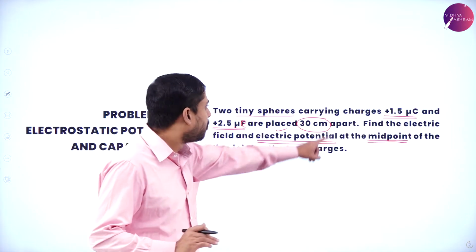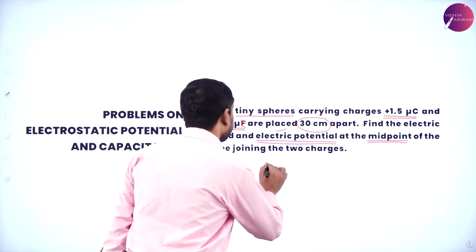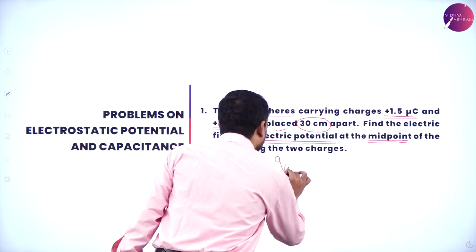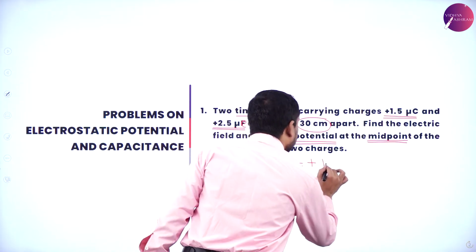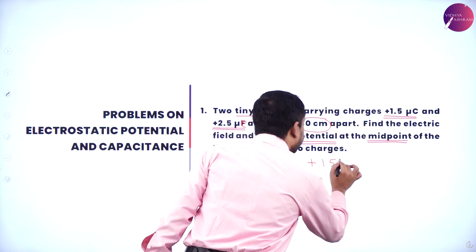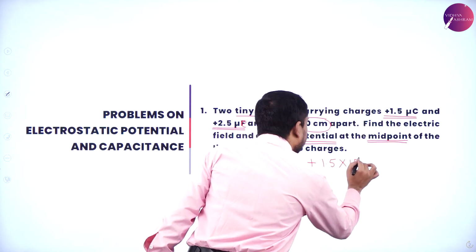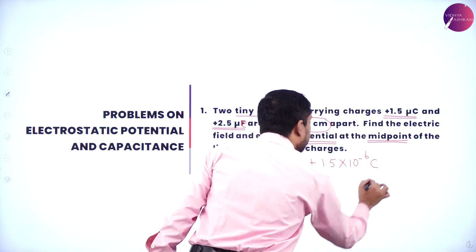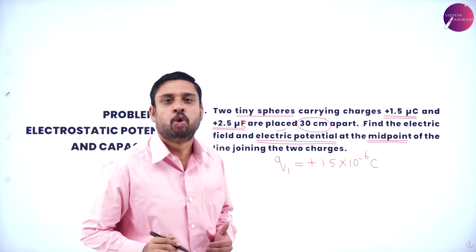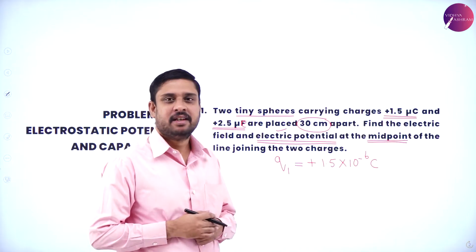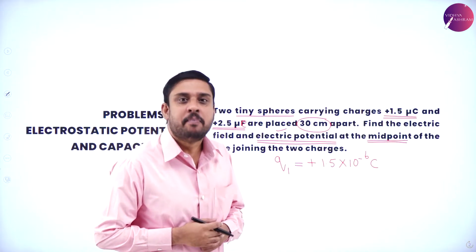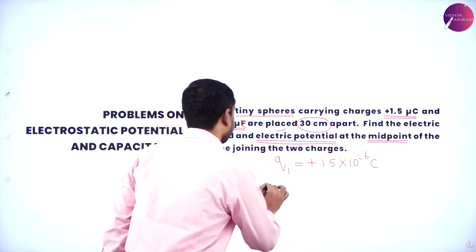Now, to pick the data, Q1 is plus 1.5 into 10 power minus 6 coulomb. Micro is 10 power minus 6.